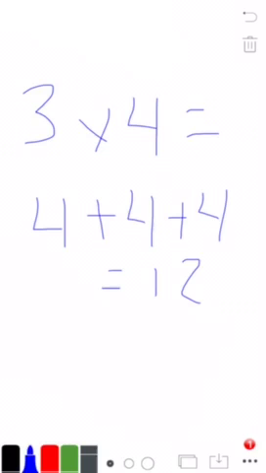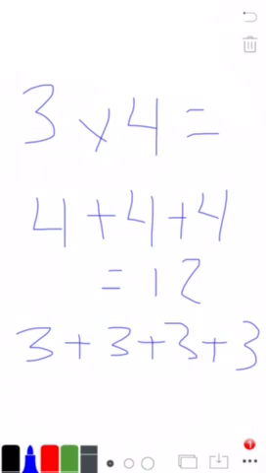And I can also do 3 4 times, because as we talked about, the commutative property of multiplication, or as you all like to call it, the flip-flop property, means that you can switch the numbers when you multiply and you'll still get the same answer. 3 times 4 is the same thing as 4 times 3. So 3 plus 3 plus 3 plus 3 also equals 12. That's the 3 methods that you can use to solve a multiplication problem.